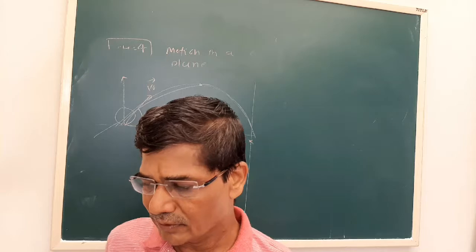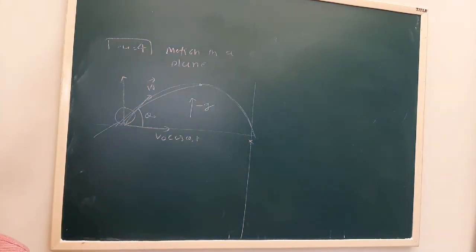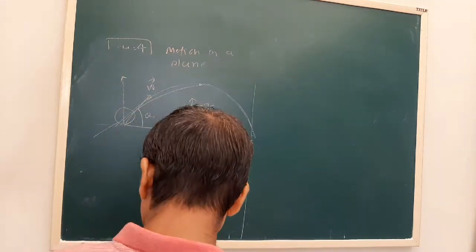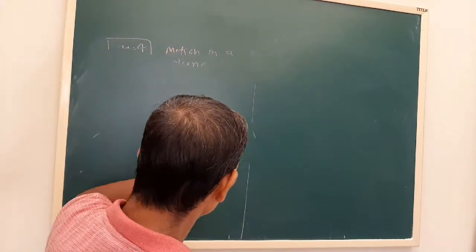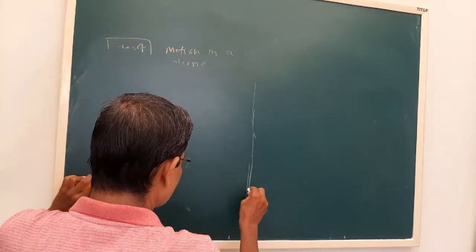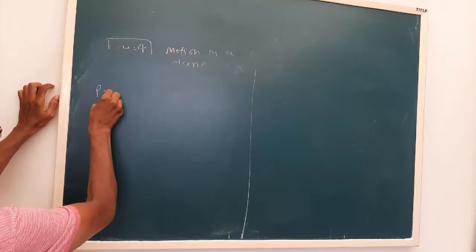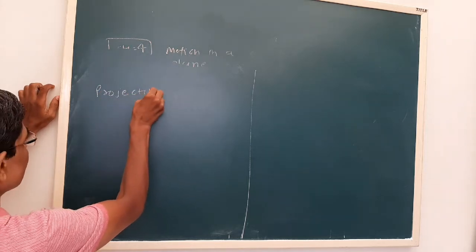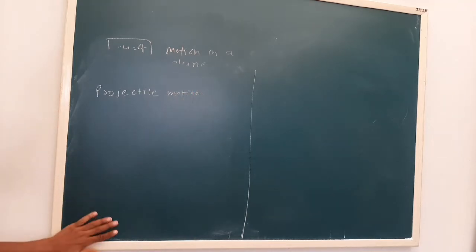Now see, the value of g is also fixed, so that is called constant vertical acceleration. So that is nothing but the projectile motion.